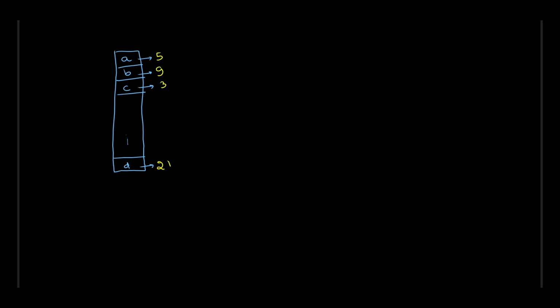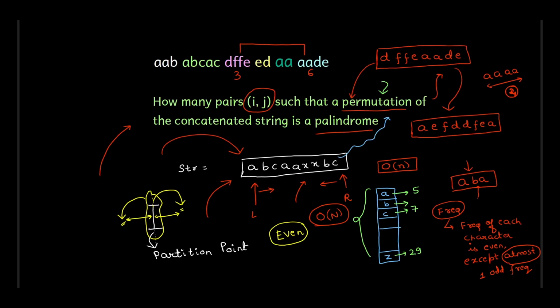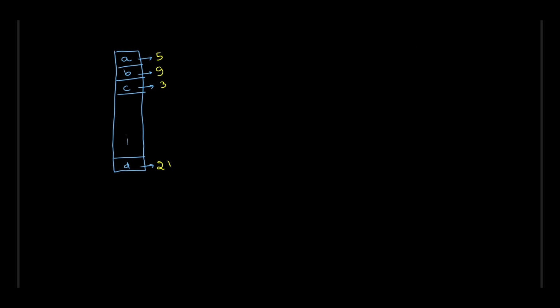The first observation that you can make is that since we are only interested in the parity of the frequency, that is whether it is even or odd, then the actual frequency doesn't matter. So we might as well reduce the frequency down to either 0 or 1 depending upon the frequency.